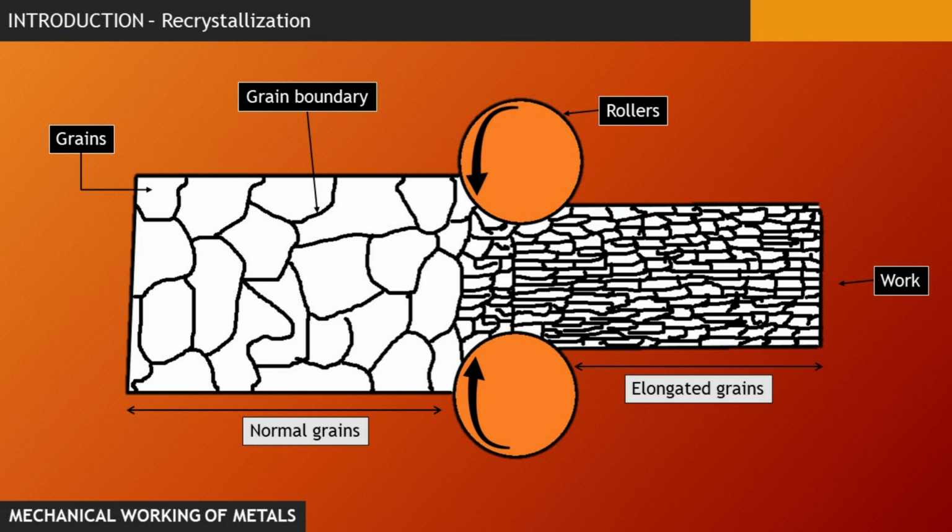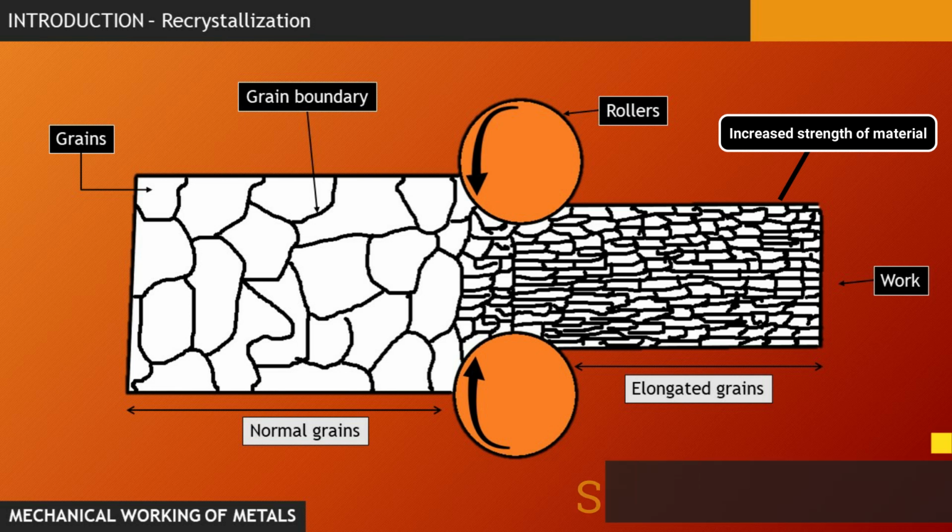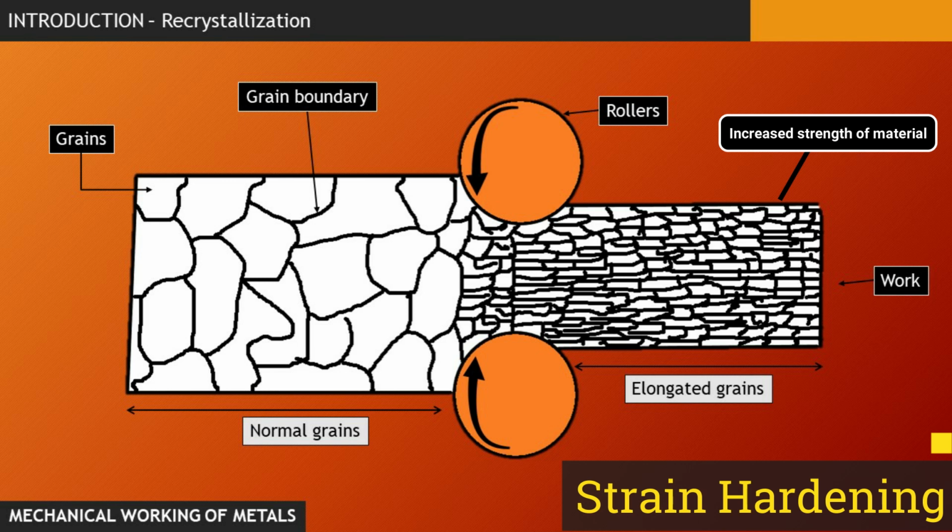Therefore, to cause the same amount of deformation, a higher load needs to be applied, and hence we can say that the strength of the material has increased, and this overall phenomenon is what we call strain hardening.